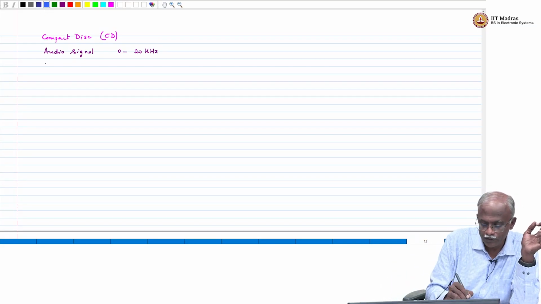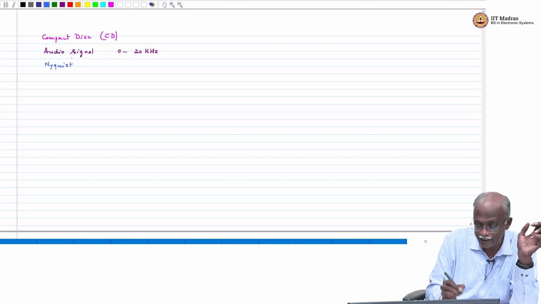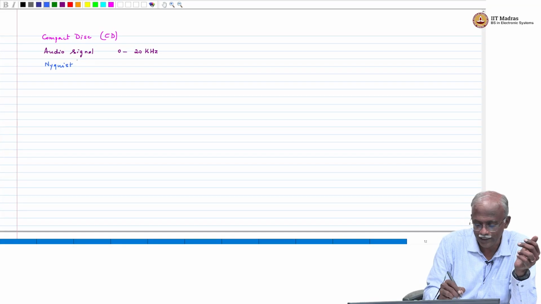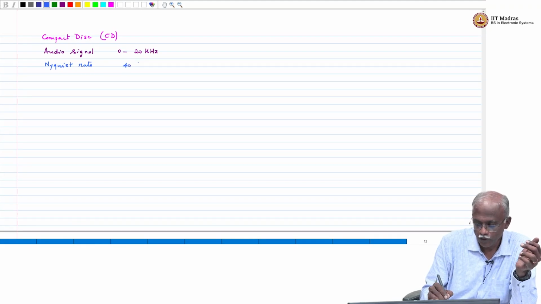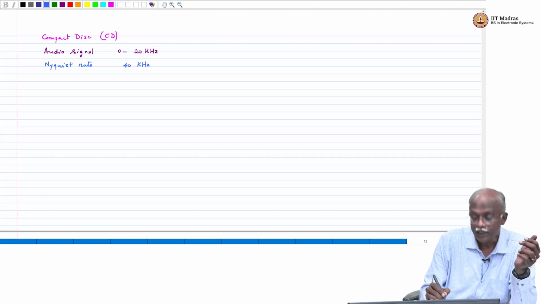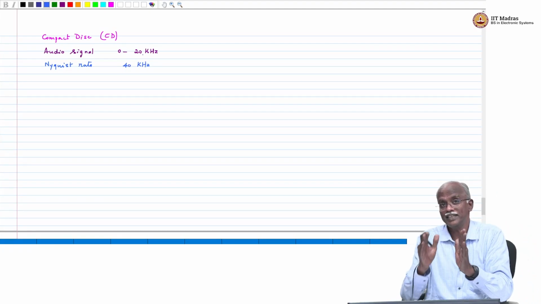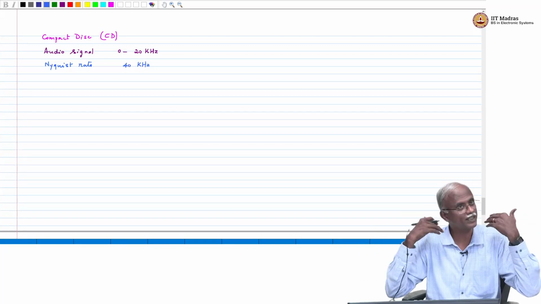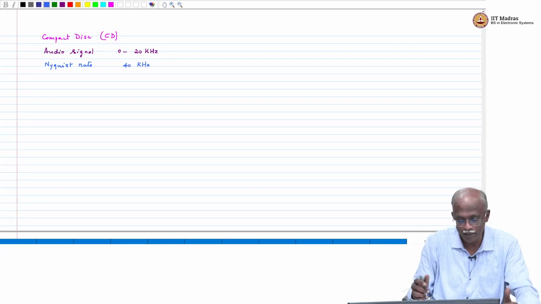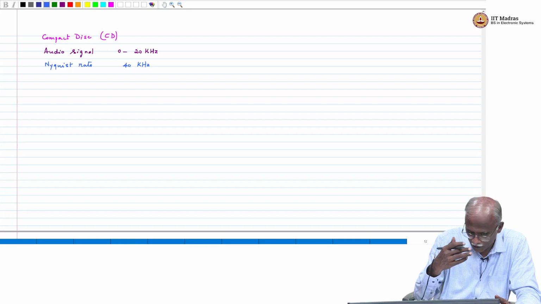According to this, if you were to use a discrete time audio signal, the Nyquist rate will be 40 kilohertz. But of course you cannot play back discrete time samples. You have to convert them into a continuous time signal before you can play to a speaker.